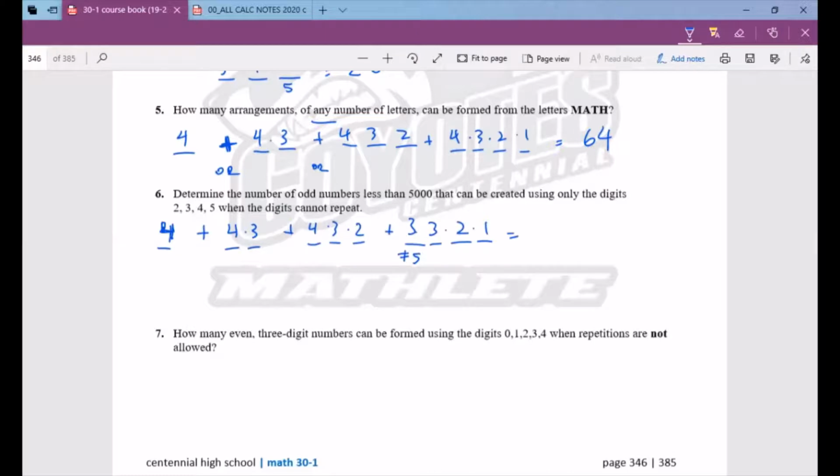Adding this all together, this ends up being 4 plus 12 plus 24, 12. No, it's not. It's 18. My bad. Adding that all together is 58.